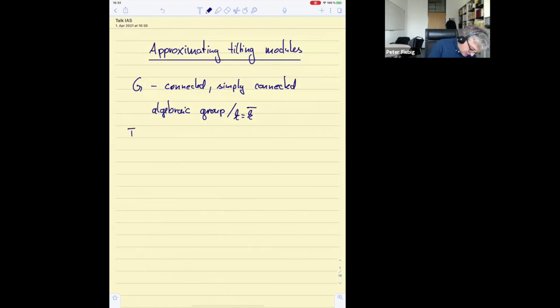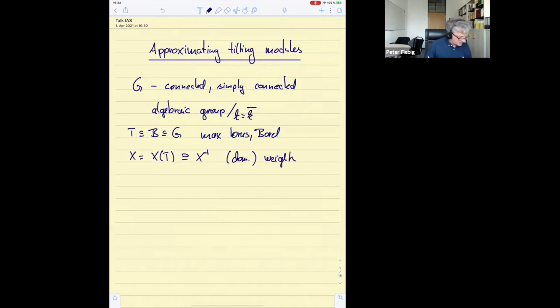And T and B in G are as usual, so a maximal torus and a Borel inside G. And I also denote by X the weight lattice, and inside here I have the dominant weights. So that's all standard notation.